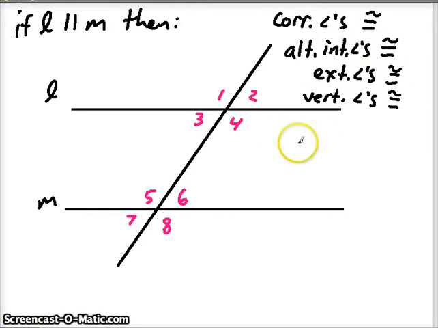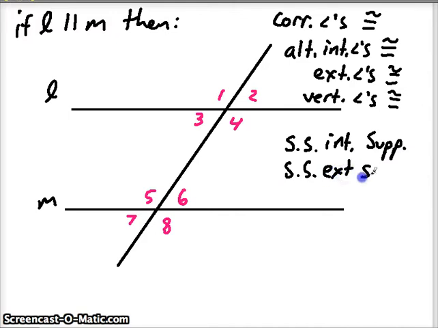The next set of angles are supplementary. And it's easy if you remember that same side, those are two S's. Supplementary starts with an S. So same side interior angles are supplementary. Same side exterior angles are supplementary. Any of the same side angles, those are the ones that are supplementary. All the rest are equal out of these types of angles.